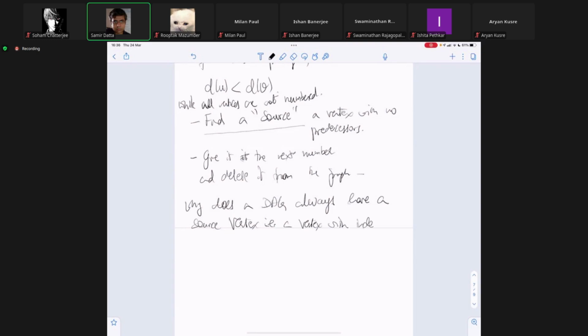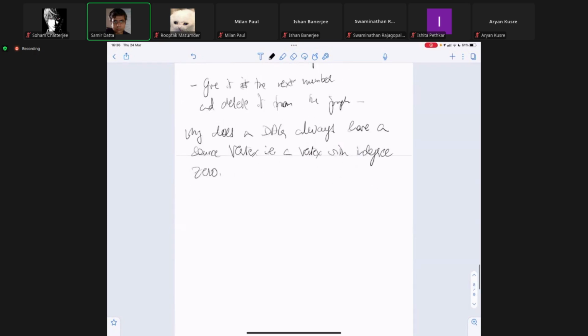That's true. But why? Suppose not. Suppose there is no source vertex in the graph, we should show some contradiction, correct? And this is often done by the longest path argument, correct?